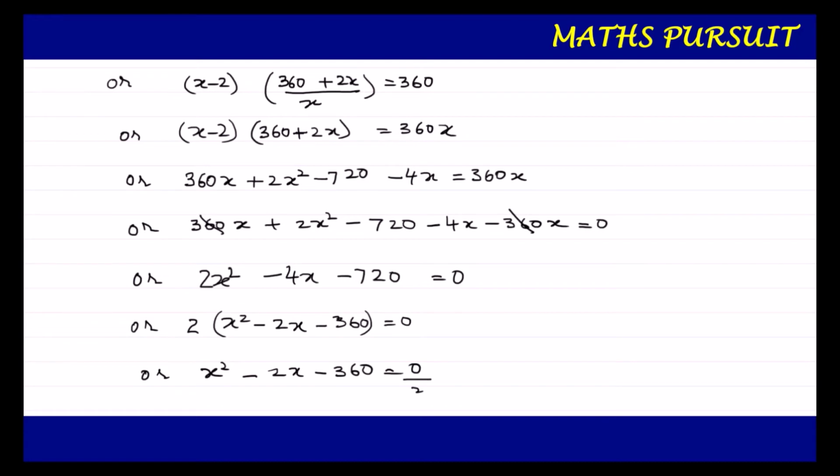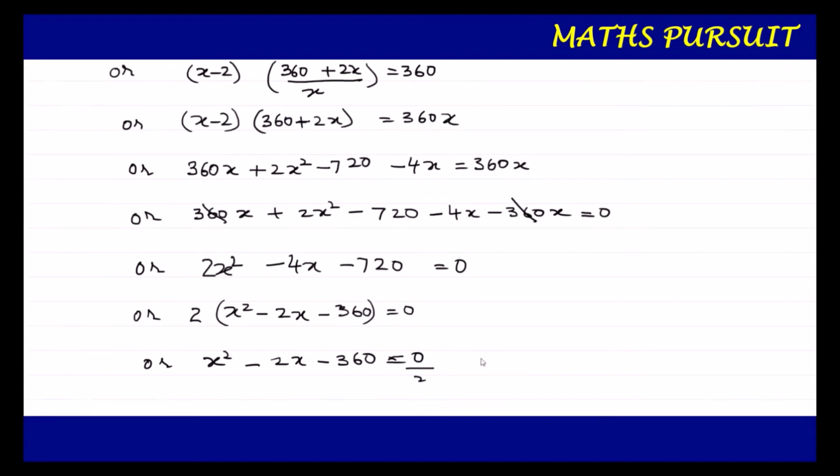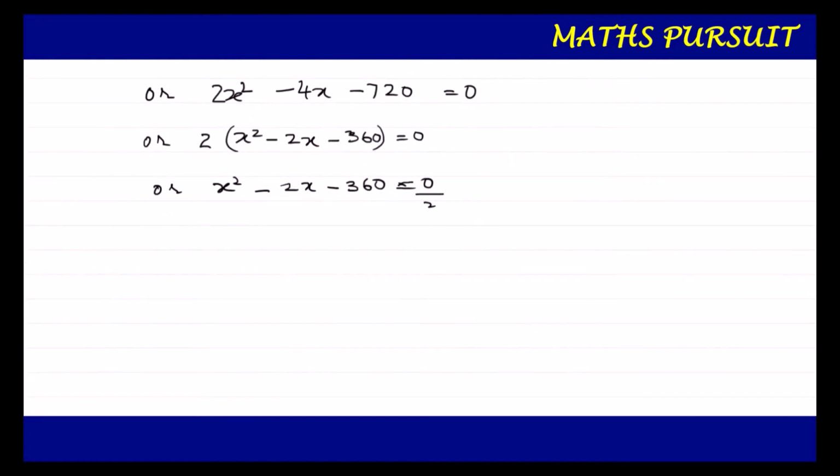Guys, I am solving this equation keeping in view all the students so that they can understand, step by step. You can eliminate one or two steps and reach the calculation directly. Or x to the power 2 minus 2x minus 360 is equal to 0.